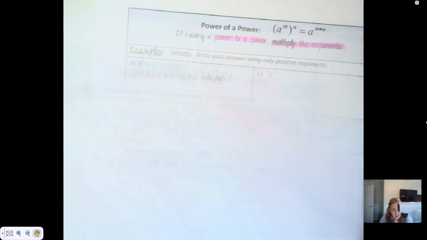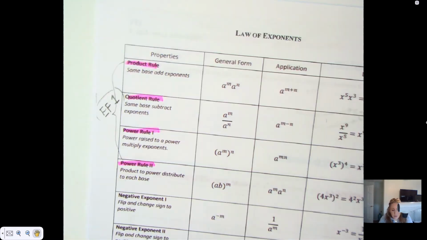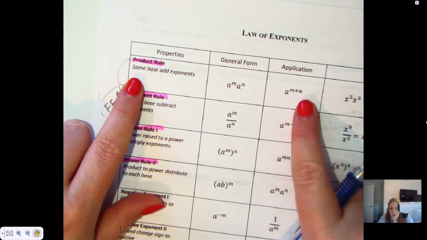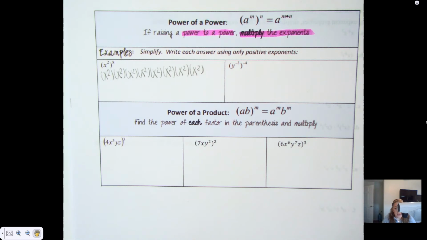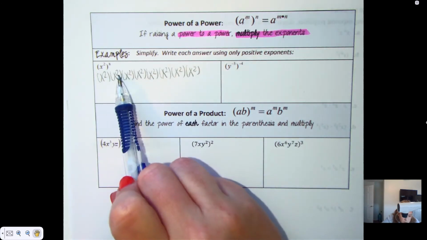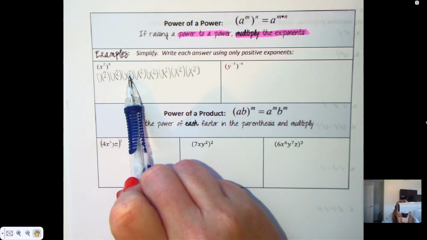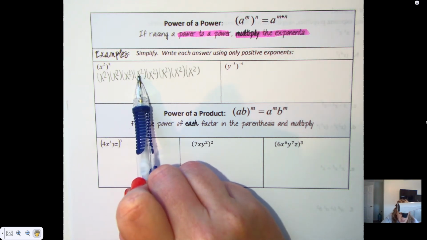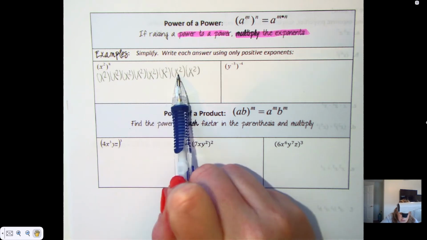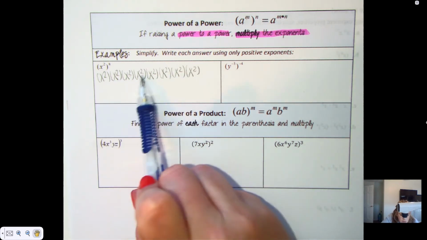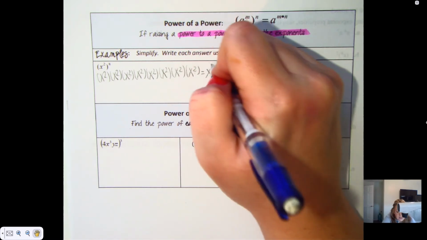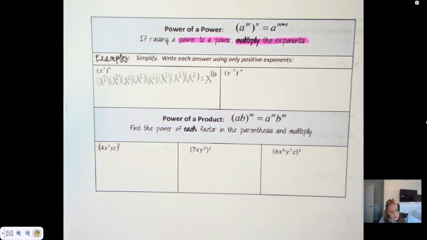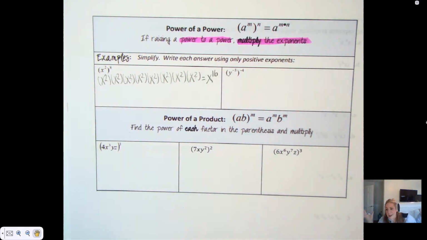When you multiply powers with the same base, you add all the exponents together, okay? So I'm going to add. 2 plus 2 is 4, 4 plus 2 is 6, 8, 10, 12, 14, 16. So this is x to the 16th, because you add all those 2's together.